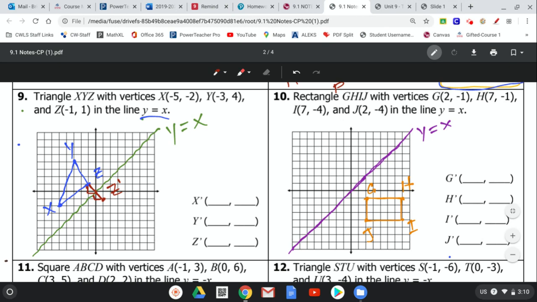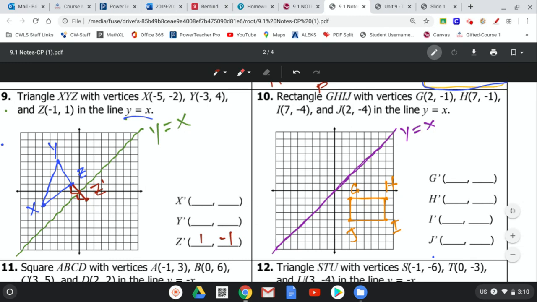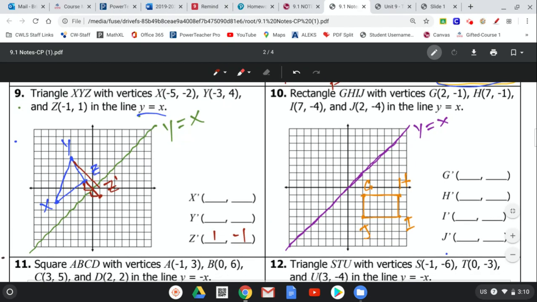So moving on to y. If we go to y, well, actually, let's find the coordinate for z. So z is going to be 1, negative 1. All right, so now if we're going from y, if I count right down here, and I'm going on a diagonal as well because I want to intersect at a perpendicular line.